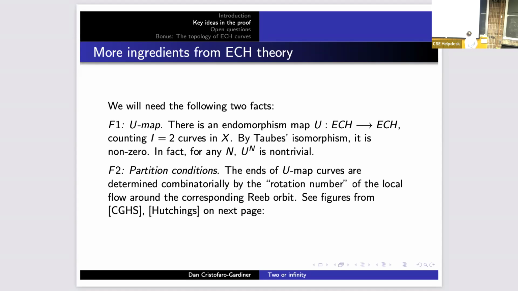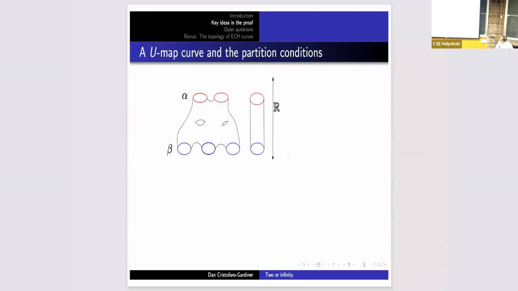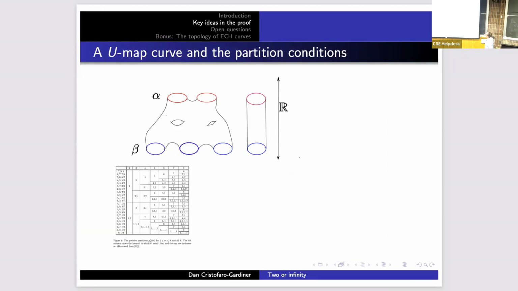So it turns out that the ends of my curves are determined combinatorially by the local flow around the Reeb orbits in a very kind of intricate but combinatorial manner. So it's probably best to just illustrate this with a picture and with a chart. Unfortunately, the chart is a little bit hard to see, but I can at least try to point you through the chart a little bit.